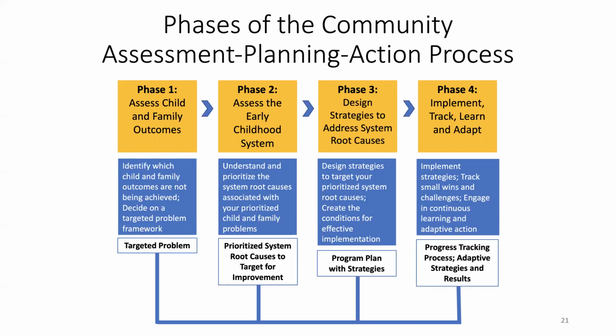In phase 3, we design strategies that will specifically work to address the system issues we uncovered in each community. And then phase 4 is when we implement, track, and engage in continuous learning and adaptive action so that we are continually striving to reach the outcomes we're after.